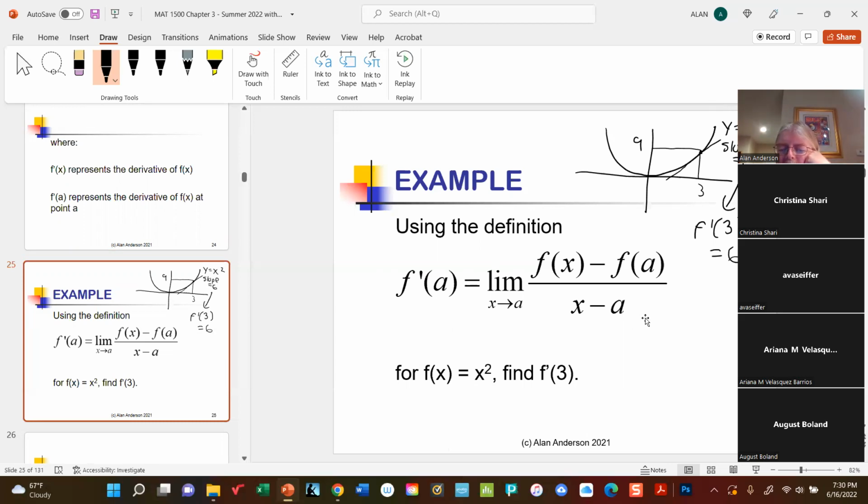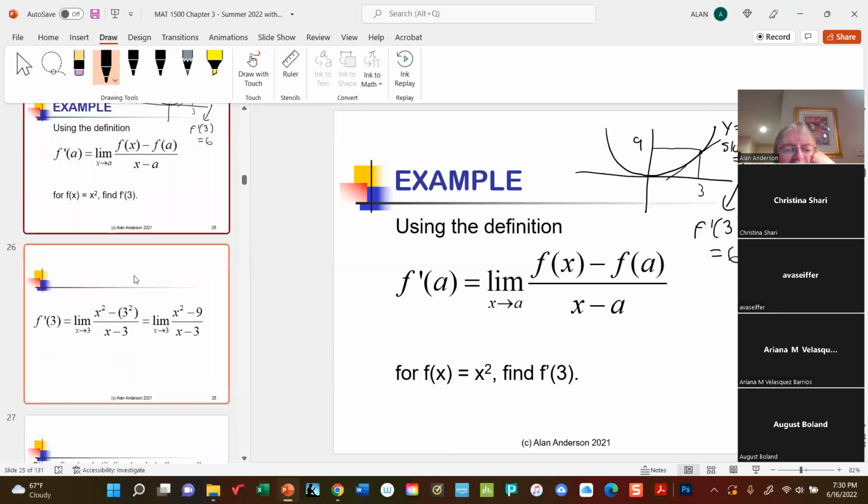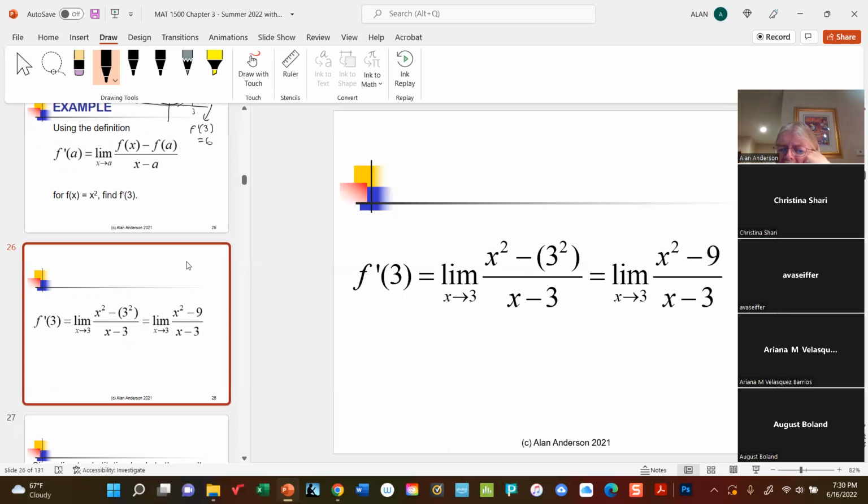So we're going to plug in all the numbers, and then we're going to take the limit. And of course, just like before, we're going to run into the problem of 0 over 0 if we just directly substitute. But we know how to work around that. Okay, so this is f of x. This is f of 3.